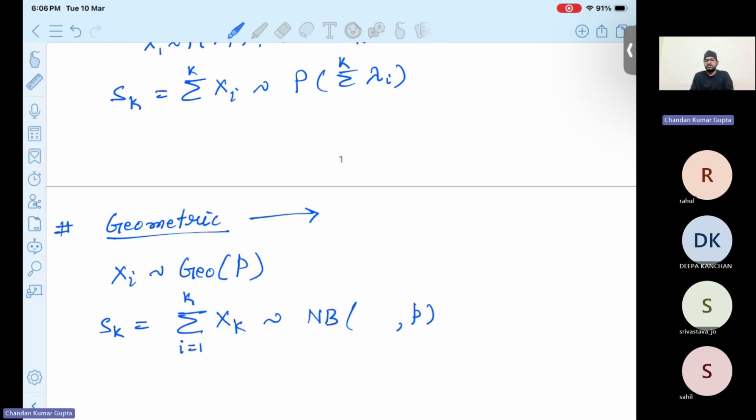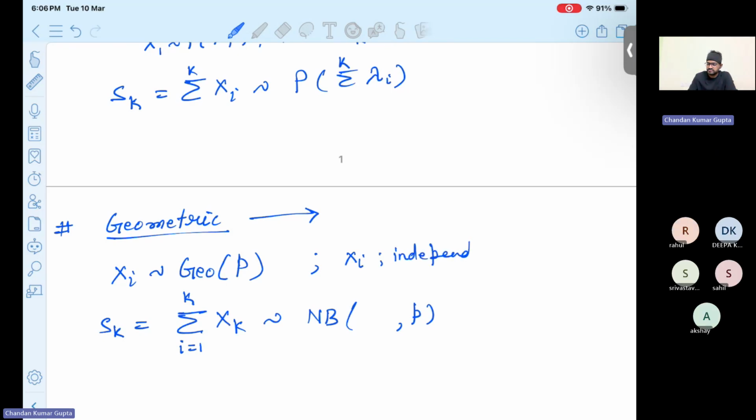And since we are dealing with k random variables, and always remember the Xi's are independent, we have considered k independent random variables, so it's k and p.